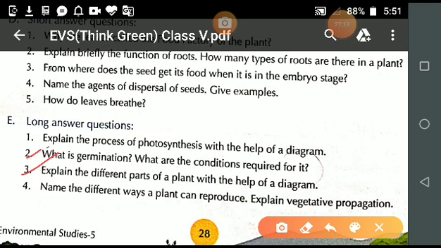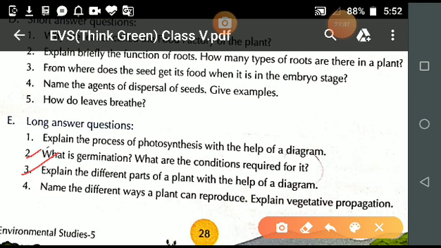Flowers reproduce by pollination. Fruits have seeds. Then seeds help in germination.